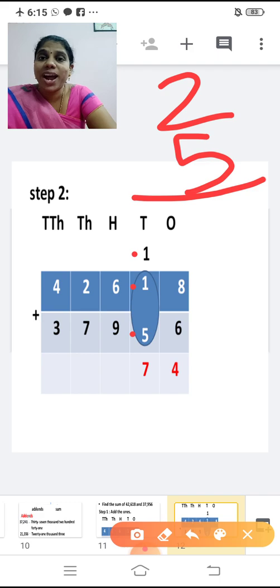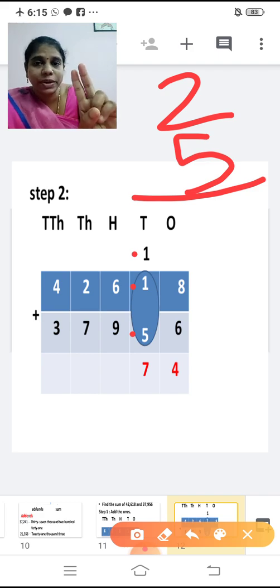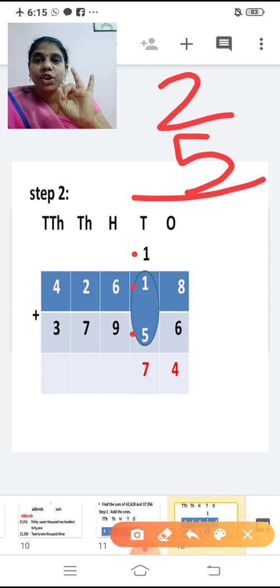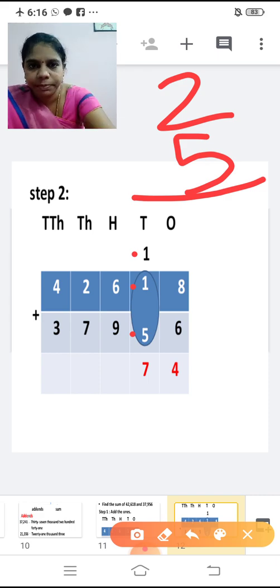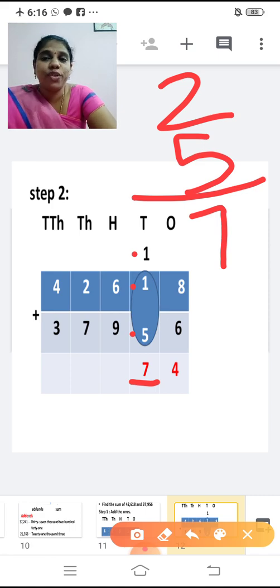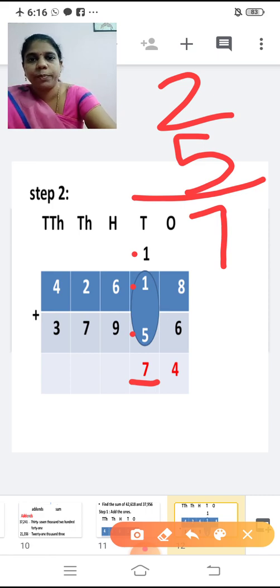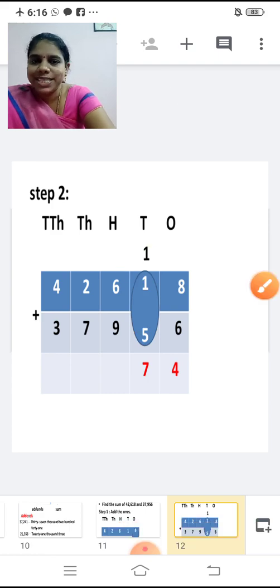After 5 we add 2 numbers: 6, 7. So write 7 below the tens place. I've added the carry over first because we might forget, right? 1 plus 1 is 2, then 2 plus 5 is 7.